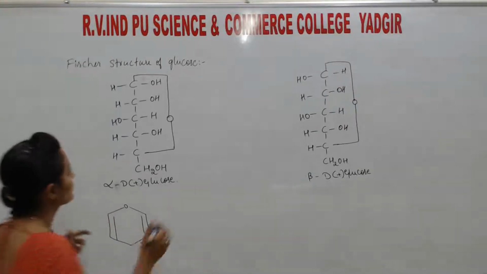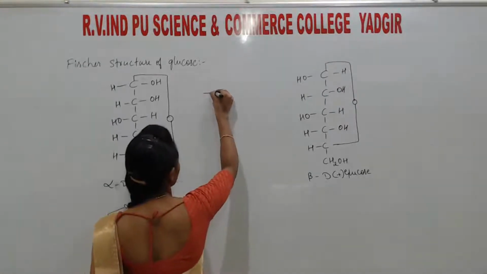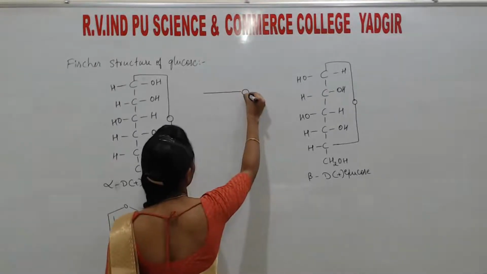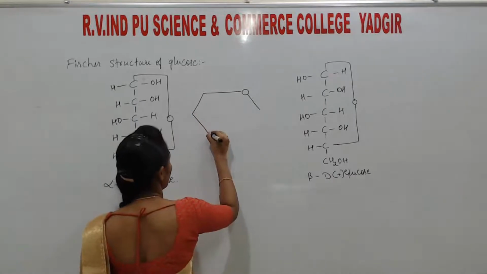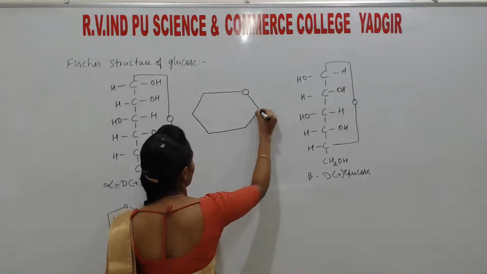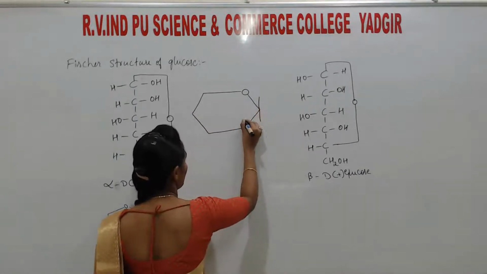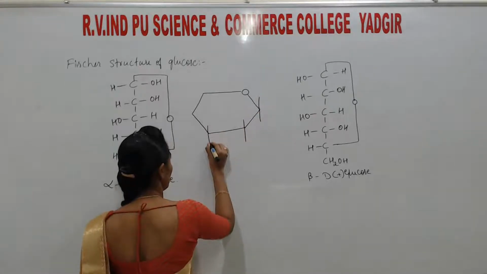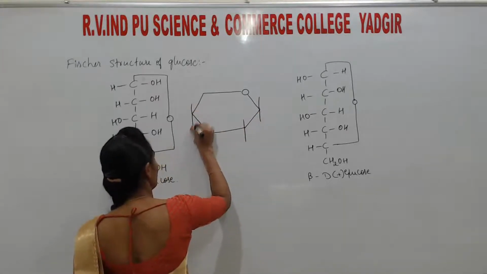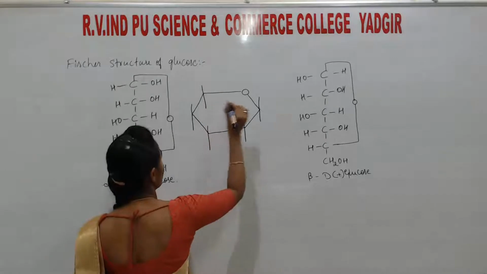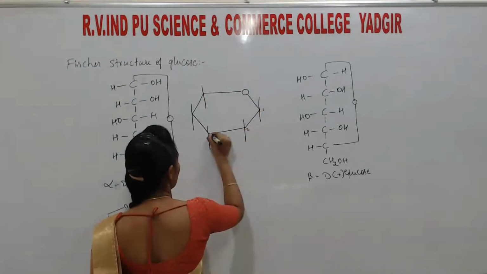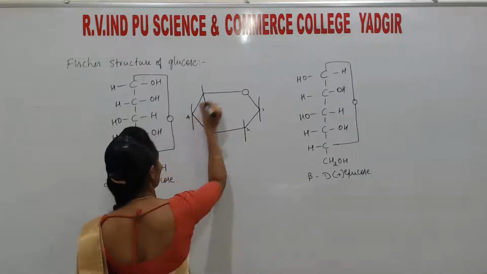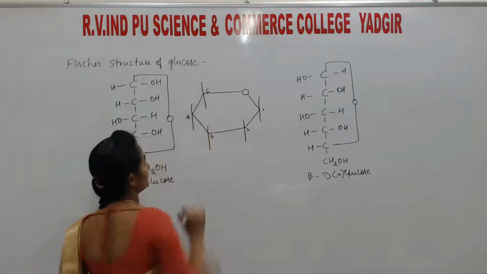So let's start. Listen, this is carbon atom 1, 2, 3, 4, 5.